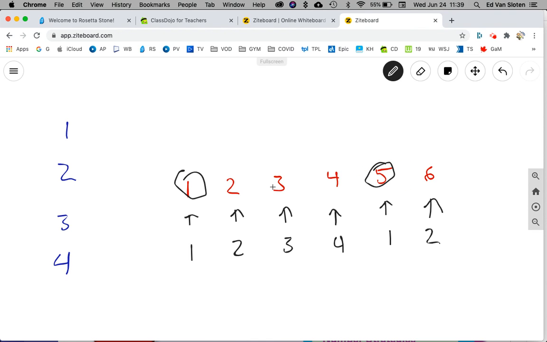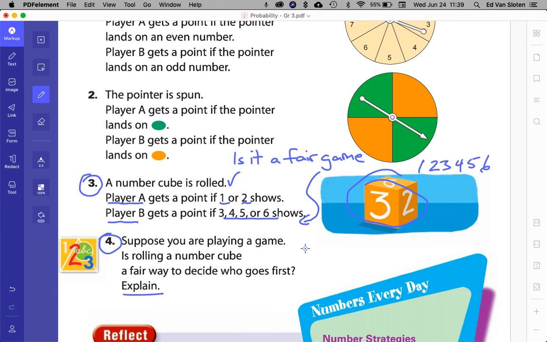Person number 3 has got this single chance. It's not fair. So rolling a number cube can be very fair for a game, but it can also be unfair. So you have to think about how you're using that number cube. All right, so I would just need to print a bit more to go along so that I explain nicely.